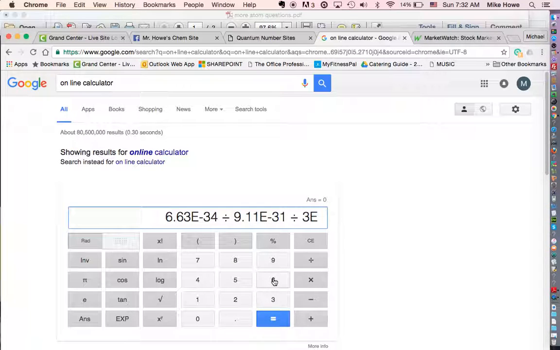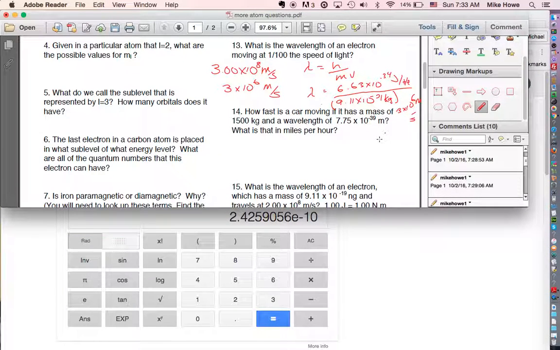Remember the 3 times 10 to the 6th? Which is 1/100th of the speed of light. And that all equals 2.43 times 10 to the negative 10th. So our final answer here would be 2.43 times 10 to the negative 10th.